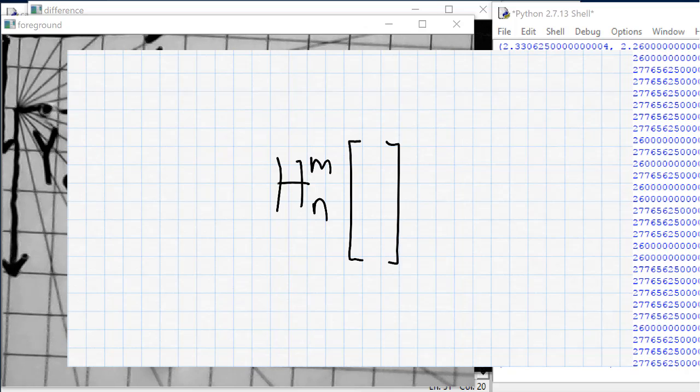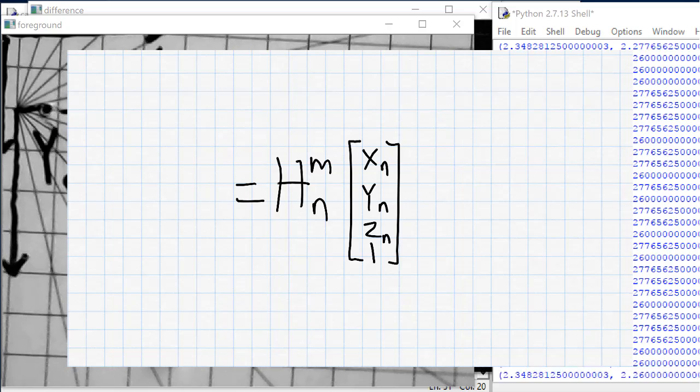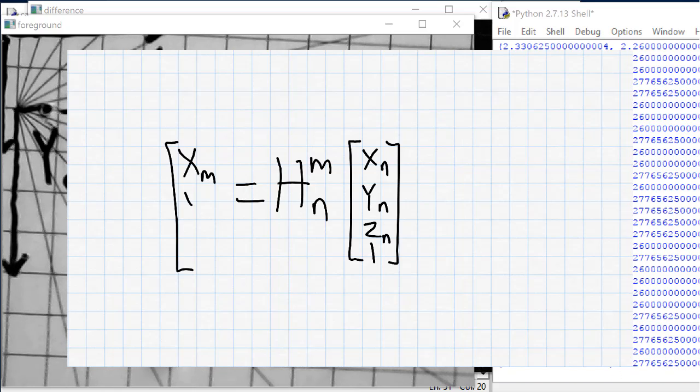You can accomplish that by making a vector like this: X in the N frame, Y in the N frame, Z in the N frame, followed by a 1, and then multiply this vector by HMN. When you do that, the vector that you get out as a result will be the coordinates of that exact same point, but in the M frame, XM, YM, ZM, followed by a 1.